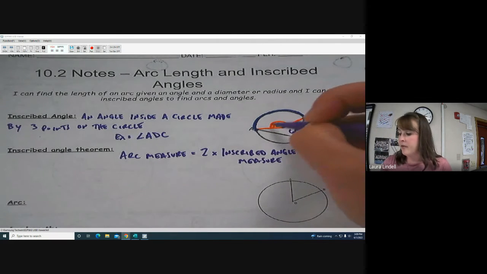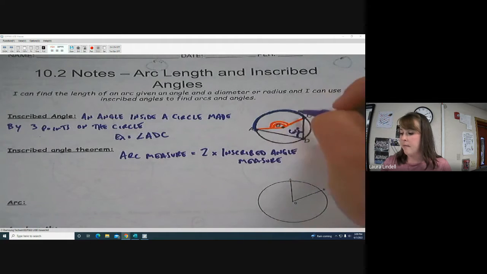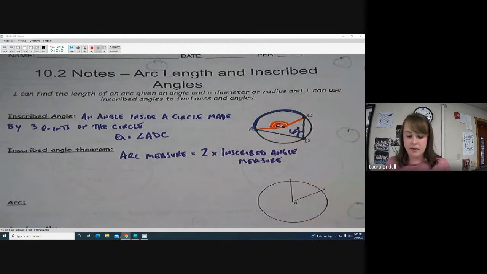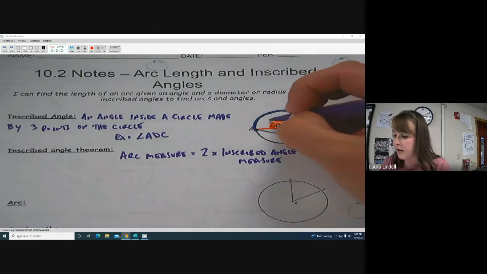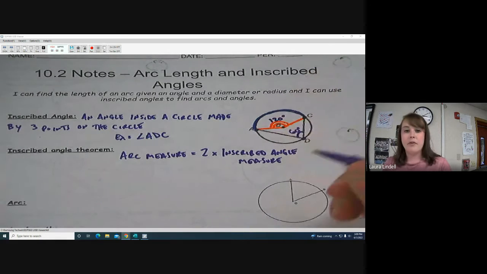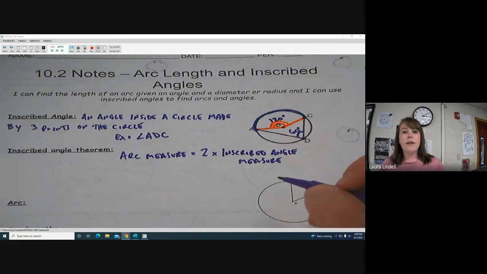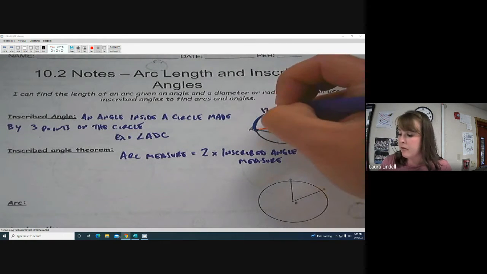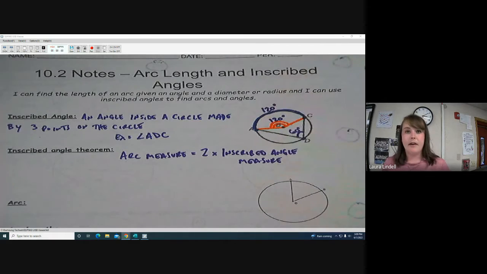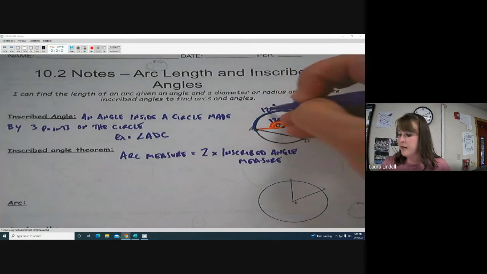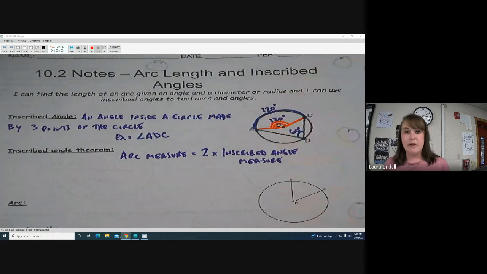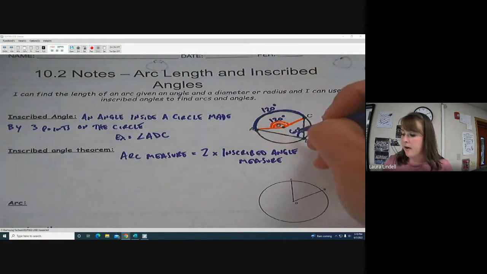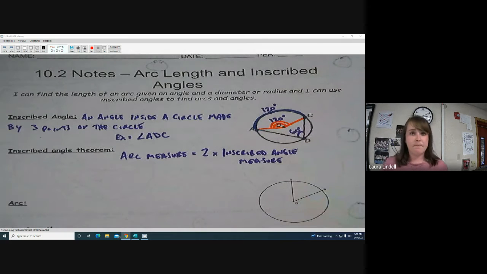Well then the central angle for this arc is going to be twice that, right? So 60 times 2 is 120. So this angle would be 120 degrees. And another way that you might see this written is next to the arc itself. You might also see 120 degrees written out there. So either of these places is fine if you're writing the degree measure of the arc. And it's going to be 2 times the inscribed angle measure.